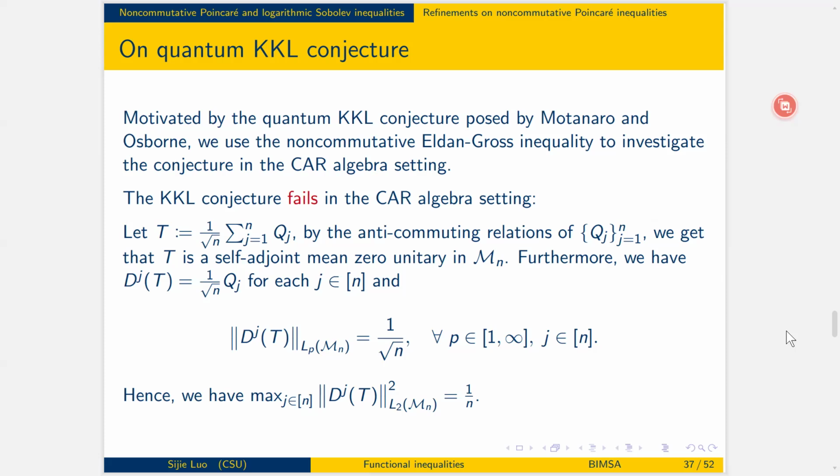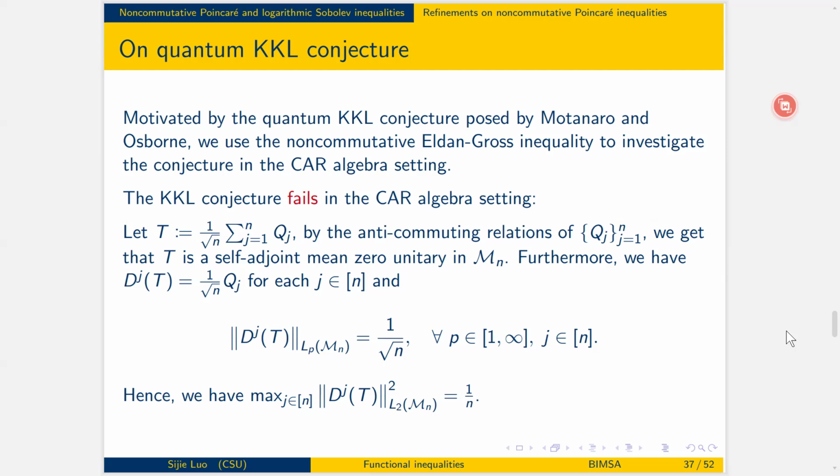Okay, we can see here, because T is the sum of the non-commutative Rademacher variables times 1 over square root of n. Then you use the anti-commutation relation to compute that T is mean zero and unital. So it's a quantum Boolean function, but the derivative of T is this term, so it means that for every p, this term is 1 over square root of n.